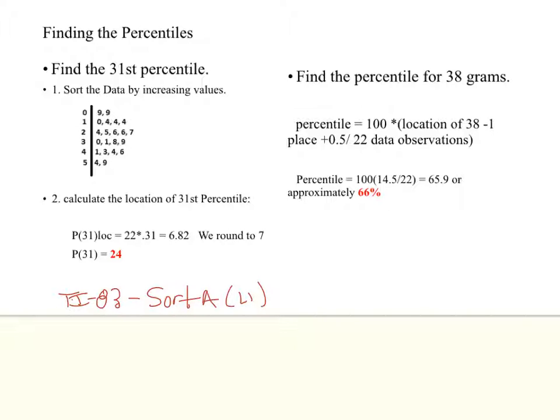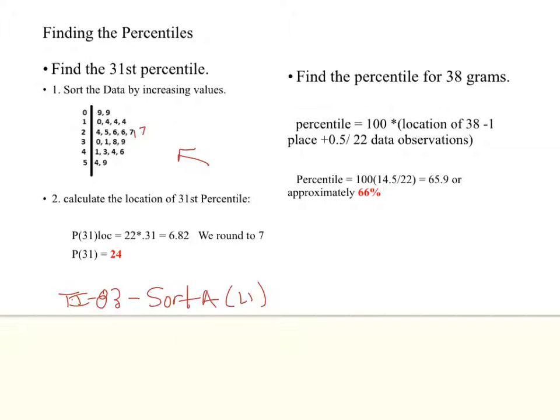But if you don't use the sort function, you can go ahead and use a stem and leaf plot, which I did here. I am missing one value, I noticed. I'm missing another 27, so I'm going to go ahead and put that in there.